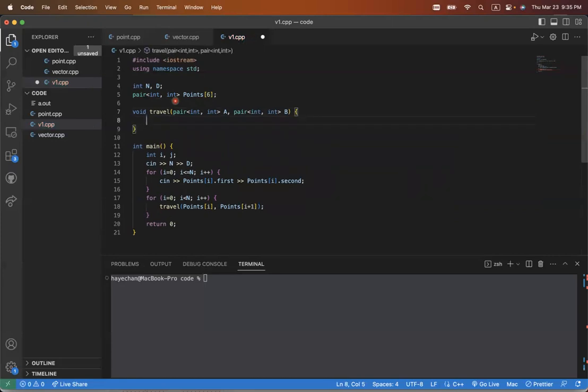In this travel function, we're going to do it brute force, i.e. we're going to consider every one of those points within the 400 by 400 grid.